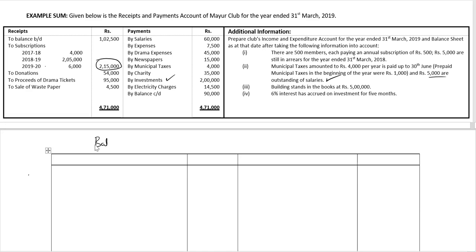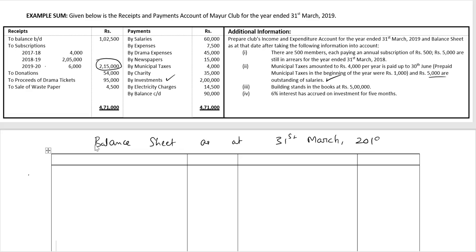Balance sheet as at 31st March 2019. On the left side, liabilities, and on the right, assets.